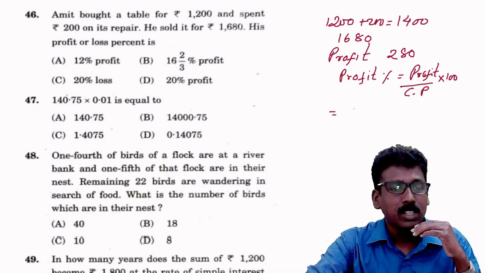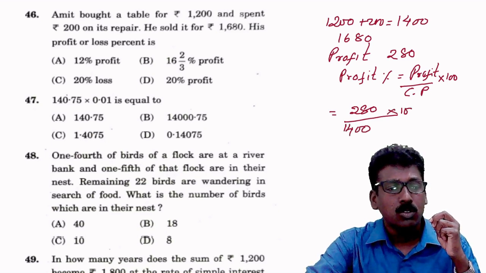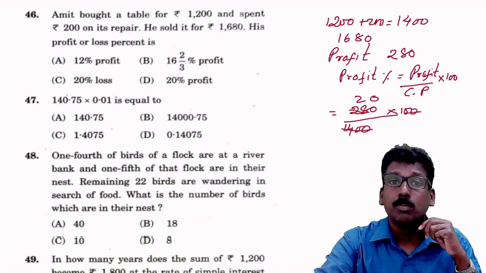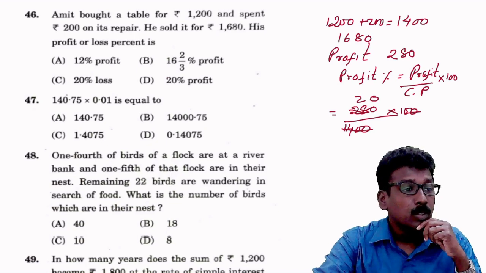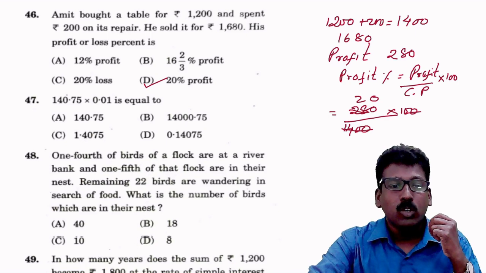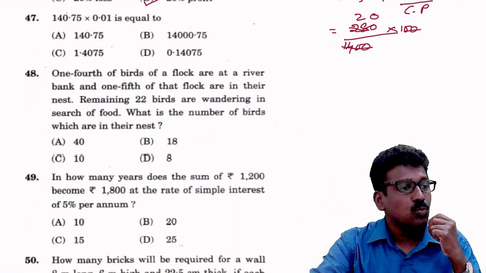So here 280 is the profit, and 1400 is the cost price, into 100. So the zeros cancel, 14 into 28 two times. So 20% is the correct answer. 20% profit is the correct answer. Now look at the other questions. 47.